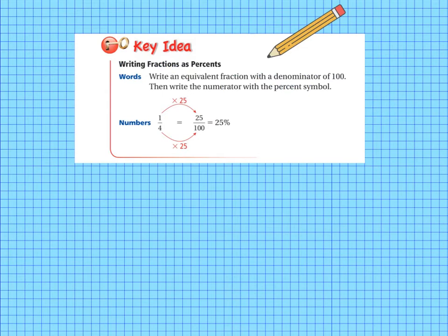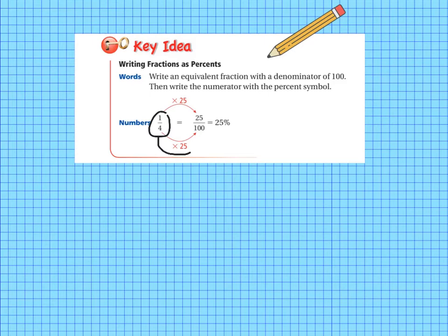Here's another key idea for you to write down in your notebook. Writing fractions as percents: write an equivalent fraction with a denominator of 100, then write the numerator with the percent symbol. So this is going back the other direction from what we were just doing. So if we have 1/4 and we want it to be a percent, we need to make that denominator into 100.